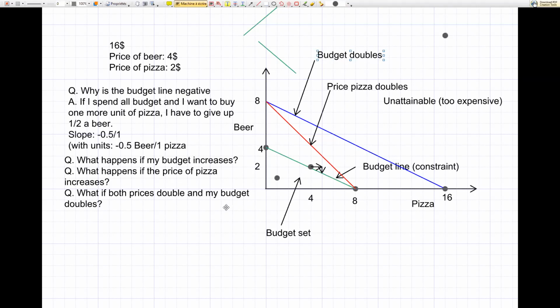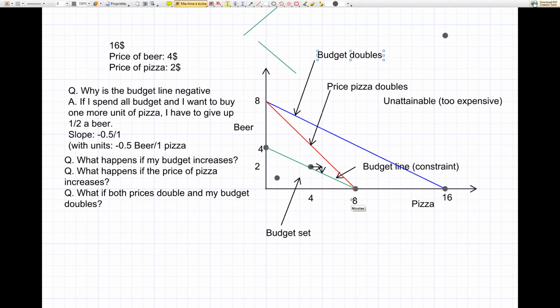Fair. And the red one isn't the price of the beer that doubles? No, that's the price of pizza. How can you be sure of that? Well, you have to ask yourself, what happened between this and this? Here I could buy 16 pizzas. Here I can buy only 8 pizzas.